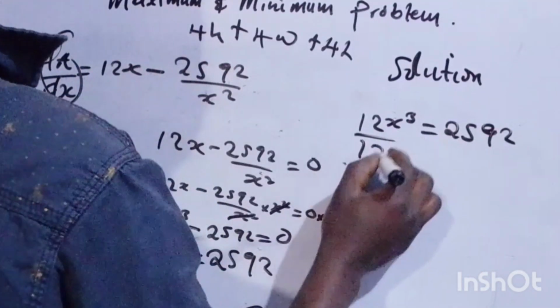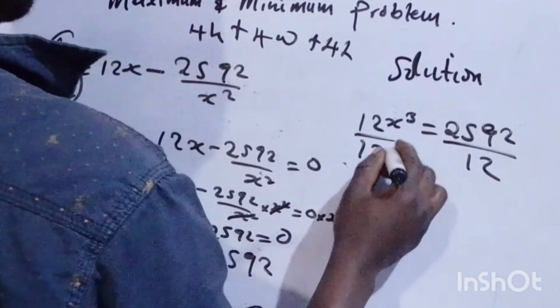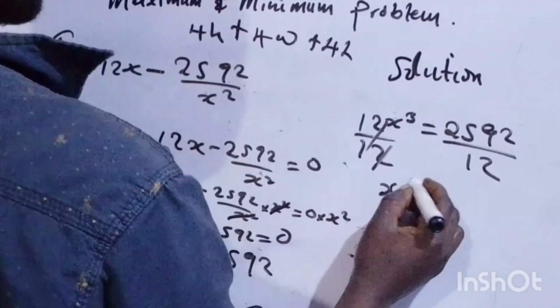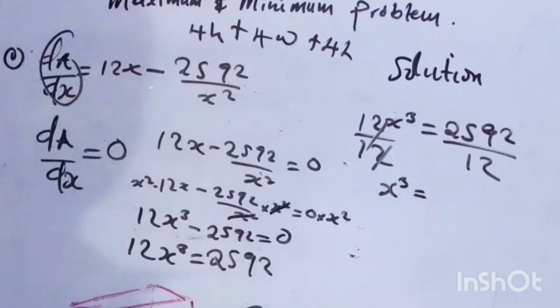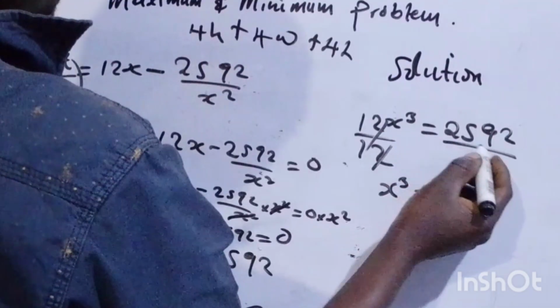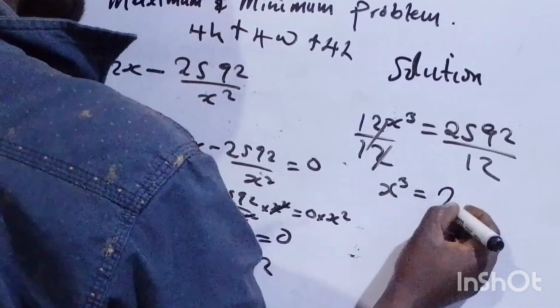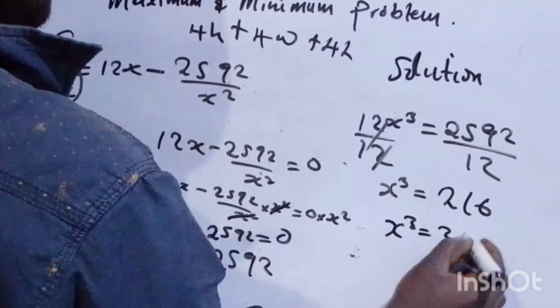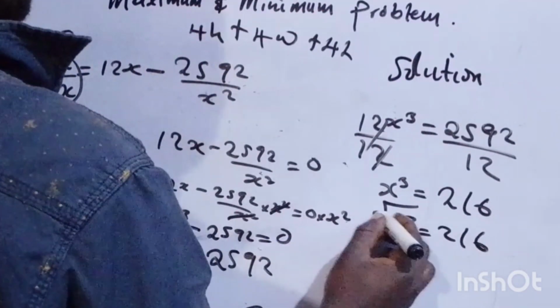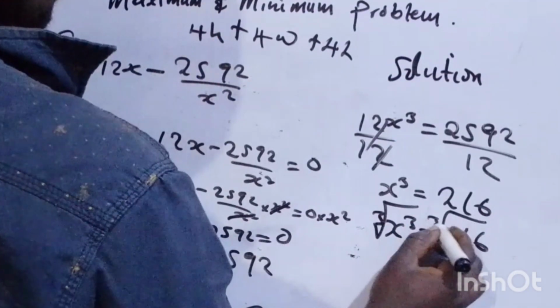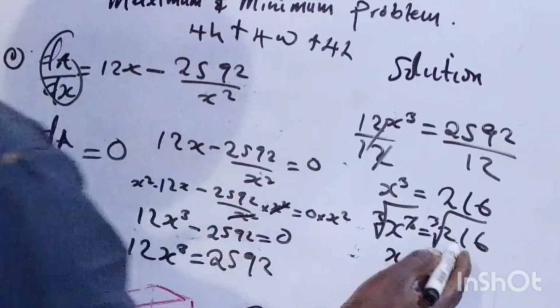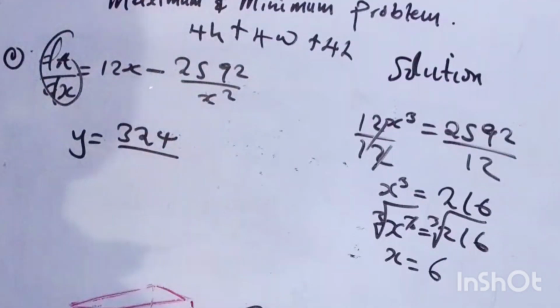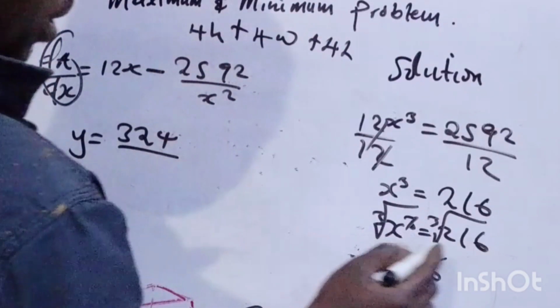Then you divide throughout by 12, in which x cubed to be equals to 2592 divided by 12, it is 216. Then x cubed equals to 216. Then you take the cube root both sides. So x will be equals to the cube root of 216, it is 6.